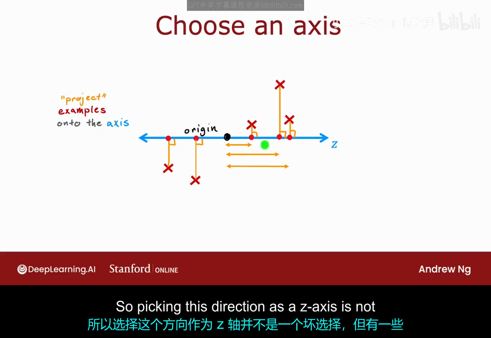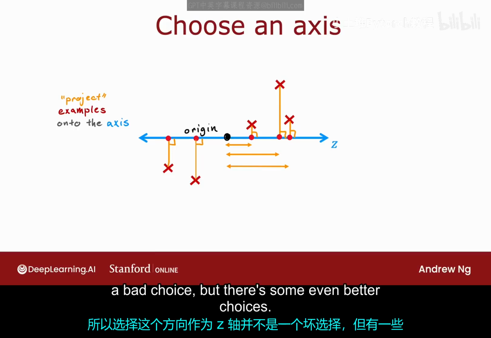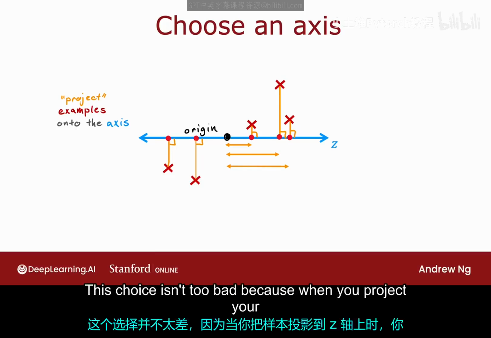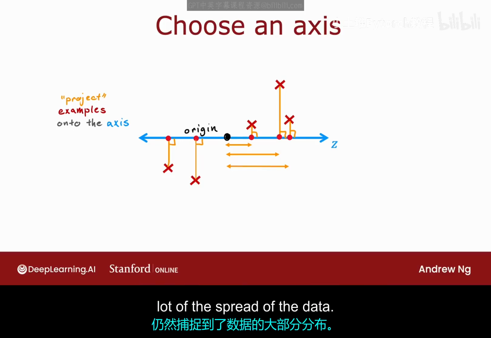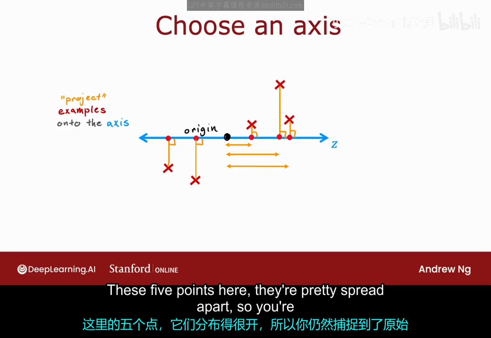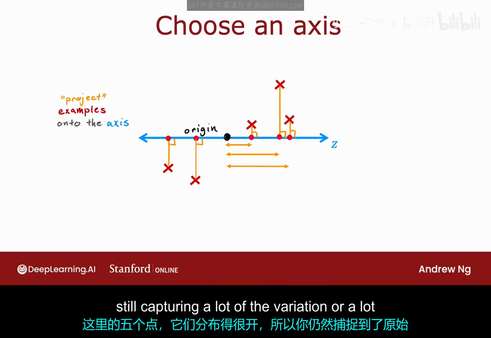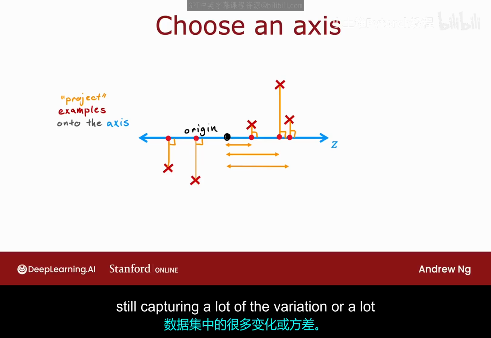So picking this direction as a z-axis is not a bad choice, but there are some even better choices. This choice isn't too bad because when you project your examples onto the z-axis, you still capture quite a lot of the spread of the data. These 5 points here are pretty spread apart. So you're still capturing a lot of the variation, or a lot of the variance, in the original data set.